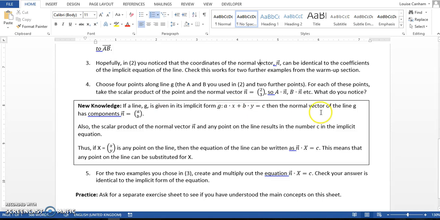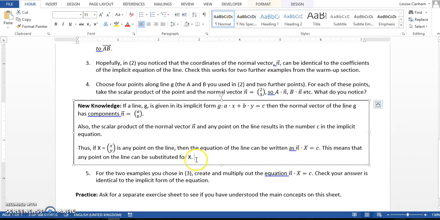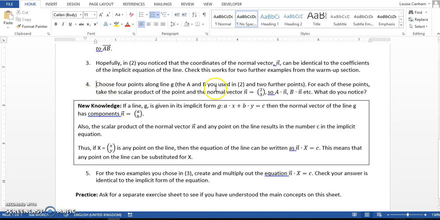So we can rewrite the equation of the line as this. Any point on the line can be substituted then for x. So x is the unknown in our equation, and it's normally written with a normal vector that you found and a constant c you found by completing number 4.